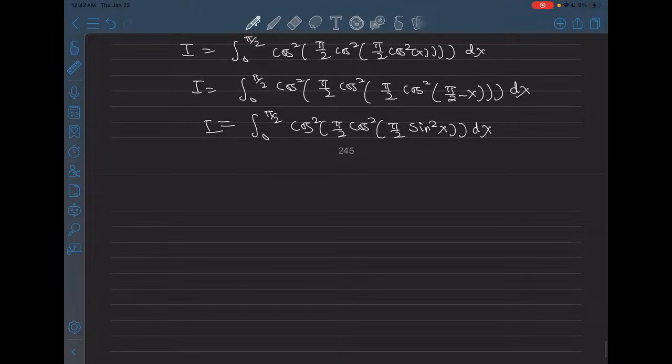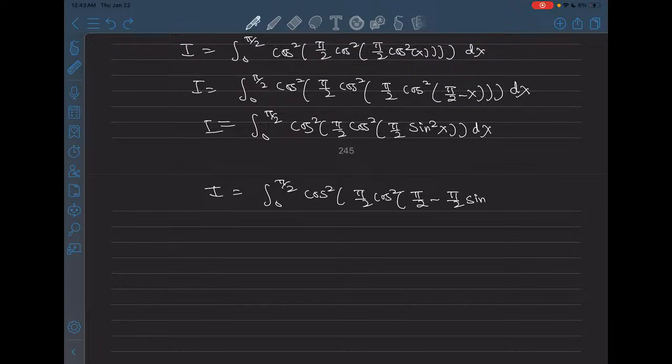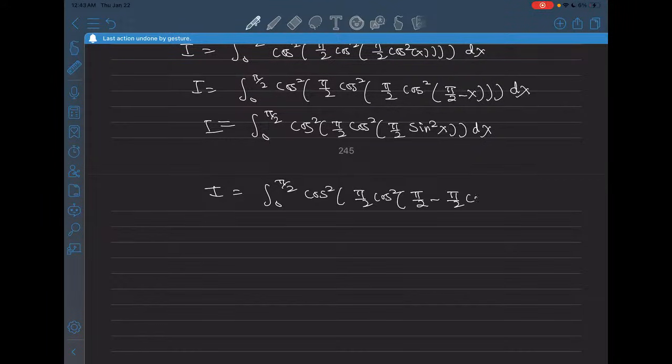Okay. Now what I can do is I know that sin square x is 1 minus cos square x, right? So this is pi by 2 minus pi by 2 cos square x, right?